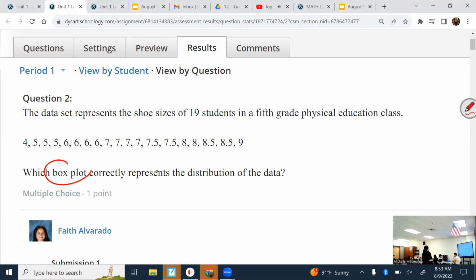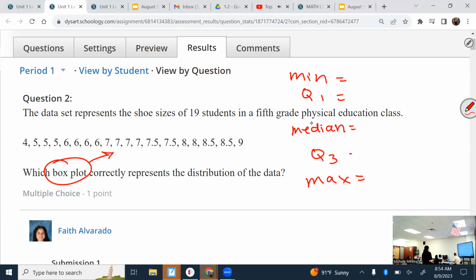Not necessarily the exact number, but what do I need to create a box plot? Your median. What else do I need? Good. Your quartile 1 and your quartile 3.